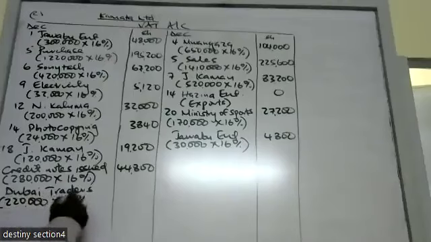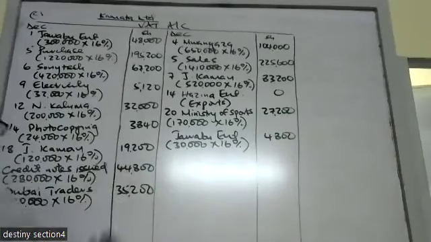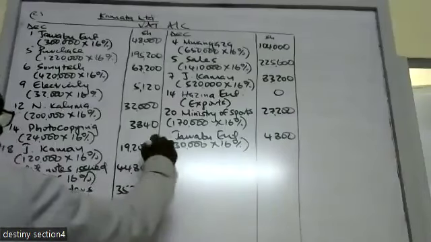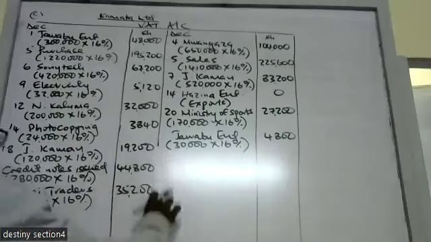We multiply by 16%. That's 35,200. So we are done with additional information.